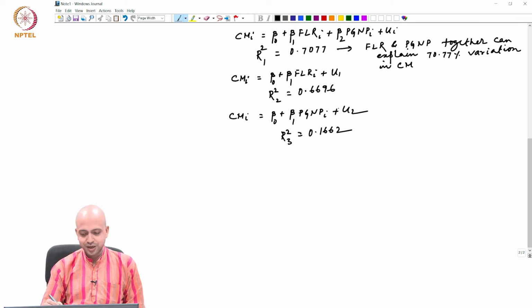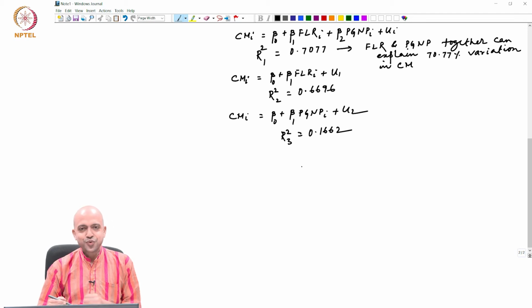But 70.77 minus 66.96 is not actually 16.62%. So, that means we cannot actually allocate the R square among these two explanatory variables.